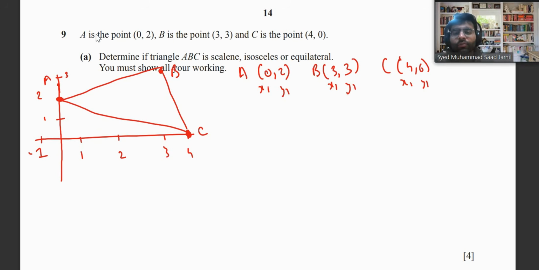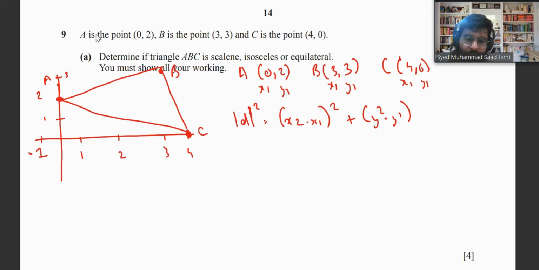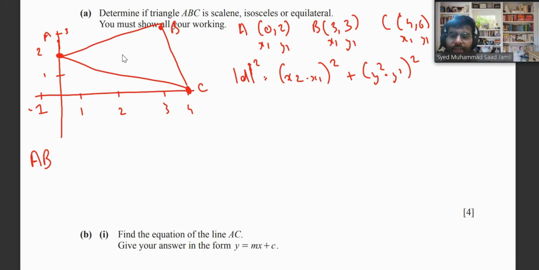Now look, you guys have to calculate the distance. Formula for distance is d squared is basically x2 minus x1 whole square plus y2 minus y1 whole square. So let's try to find the distance of AB. Coordinate A is 0 comma 2, B is 3 comma 3.